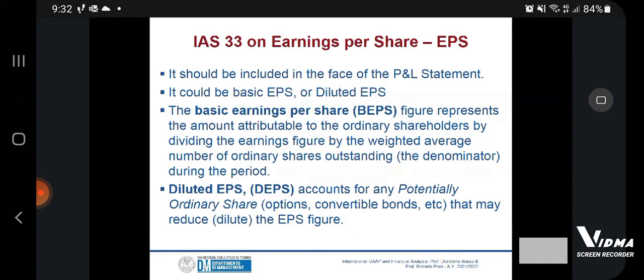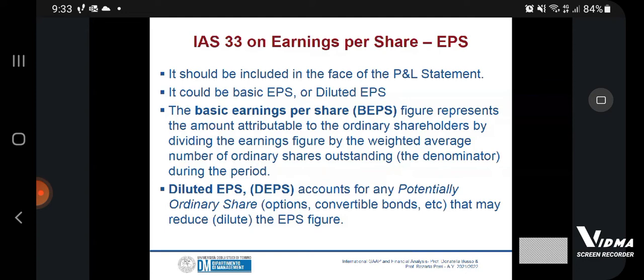Now, when I calculate the earnings per share, I should take into account the possibility that the position of the current common shareholders may be diluted or impacted by these option holders who may come and join and purchase ordinary shares of the company. That is the dilutive effect of options.